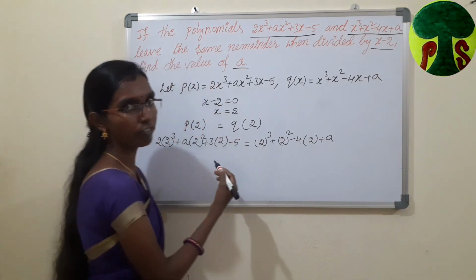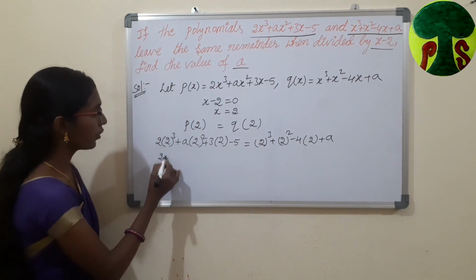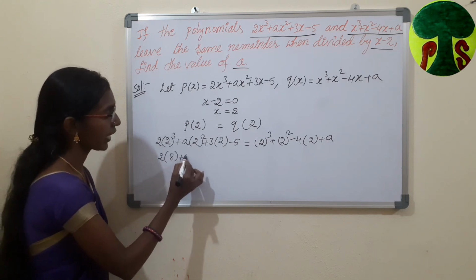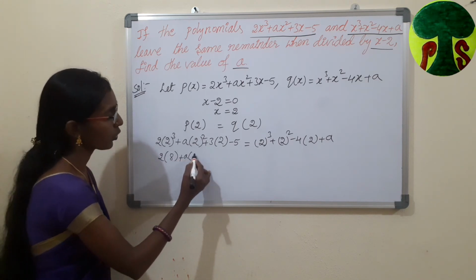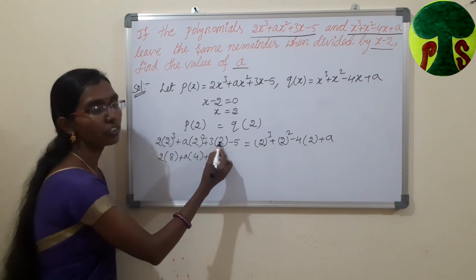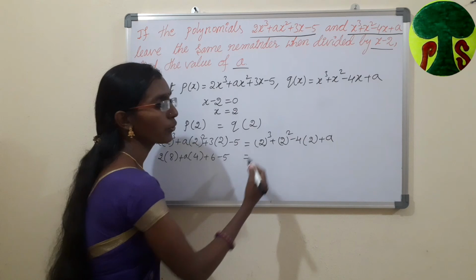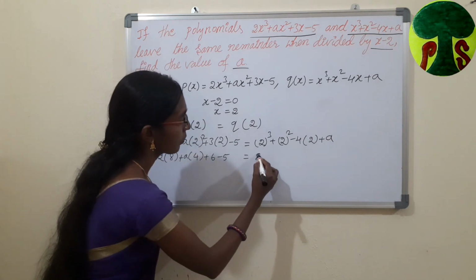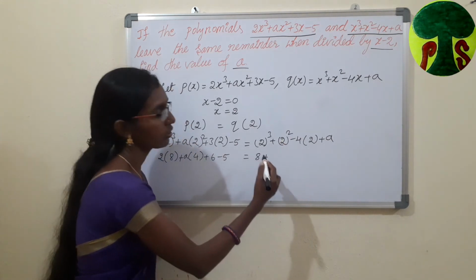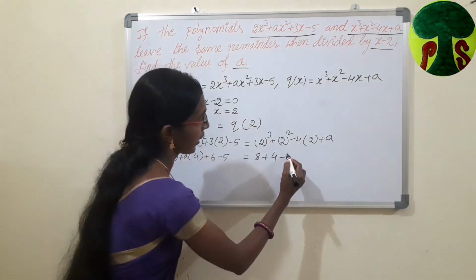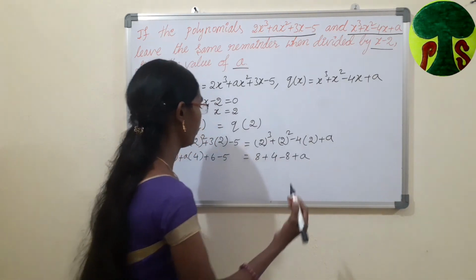Now we have to simplify this. 2 into 2 cube is how much? 8 plus a into 2 square is 4a plus 3 into 2 is 6 minus 5 is equal to 2 cube is 8 plus 2 square is how much? That is 4 minus 4 into 2 is 8 plus a.